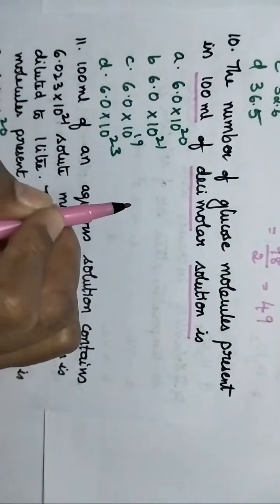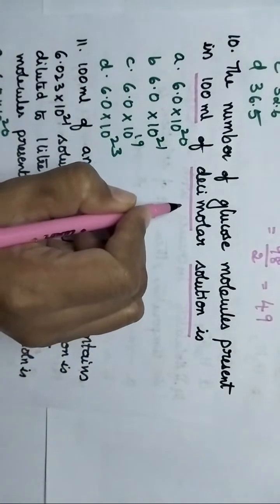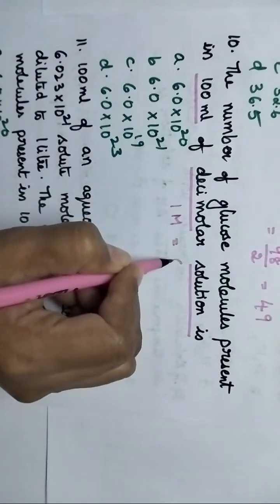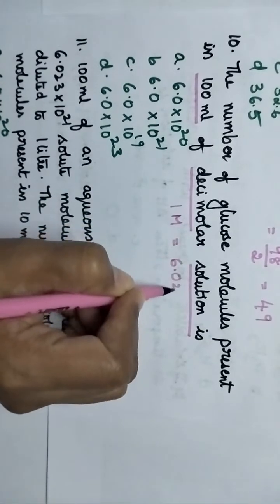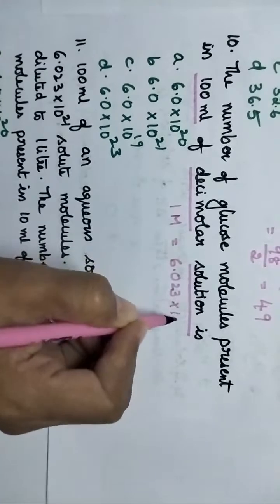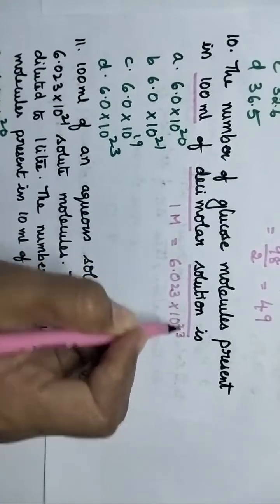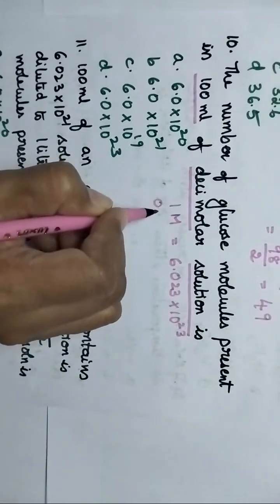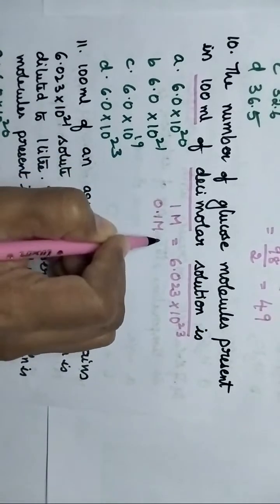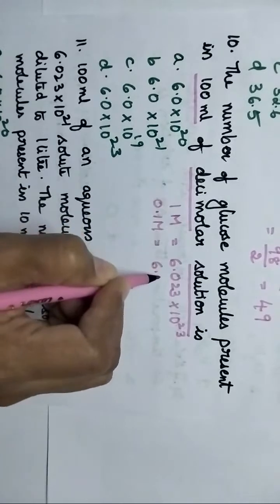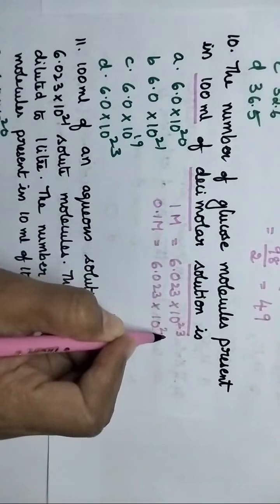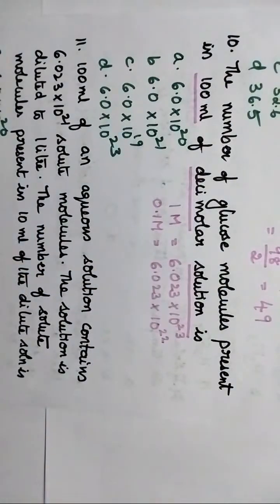Listen to me carefully. Whenever we consider a molar solution, it contains undoubtedly Avogadro number of particles. And here it is a decimolar solution. That means its molarity is 0.1.